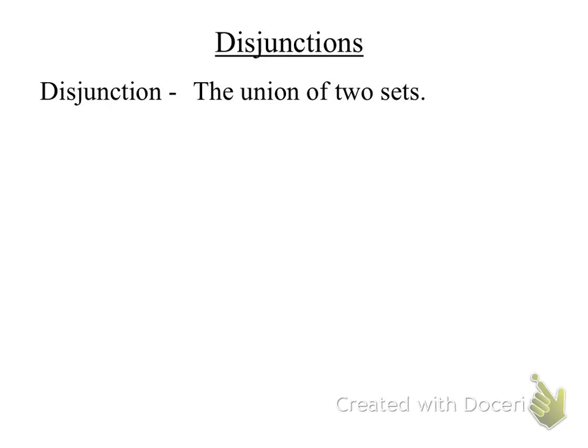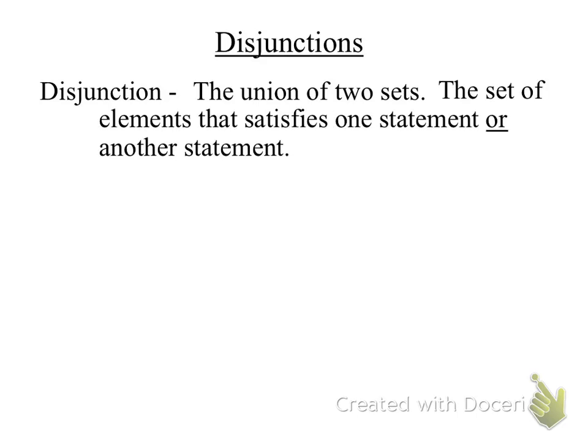So if I ask for the disjunction of the vowels and my name, it would be MICHELLE plus AOU. Do you understand? It's the letters in my name or the vowels. It's the combination. Now, we call this an OR statement. It's these numbers or these numbers are allowed to be in the set.